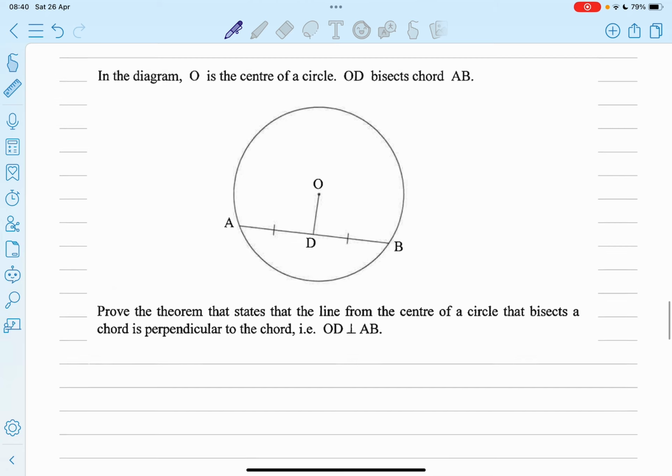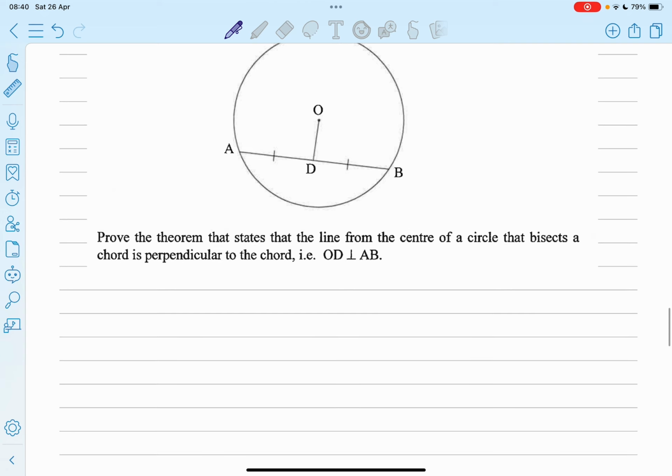Okay, let's begin. We're going to start with a construction. We are going to draw a line from O connecting to A, like that. So we are going to say draw OA.